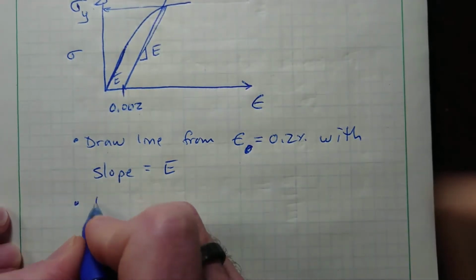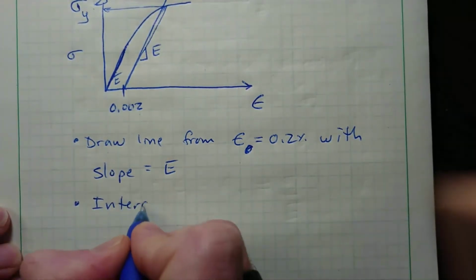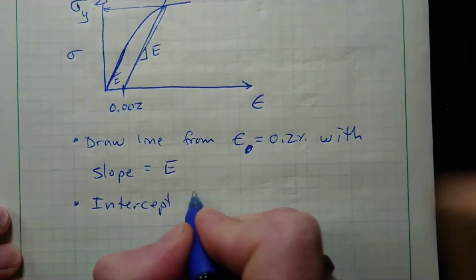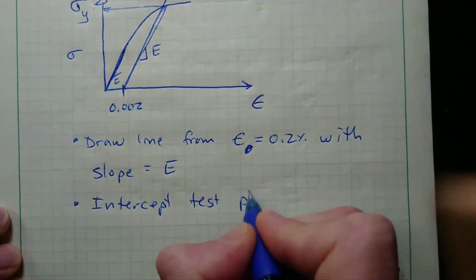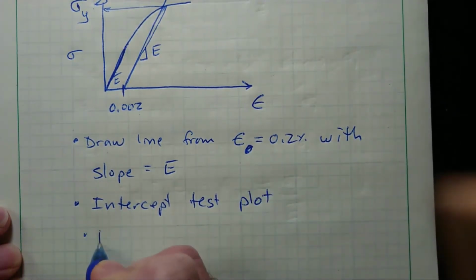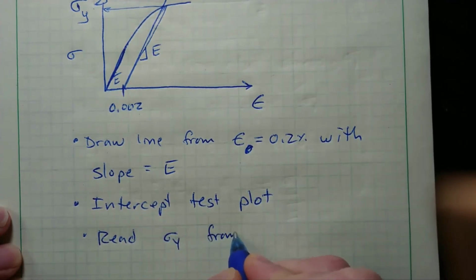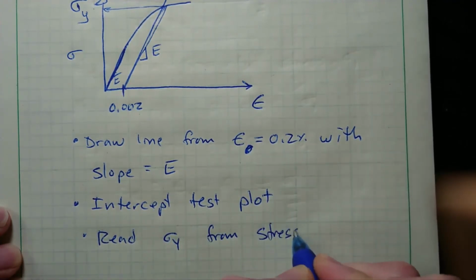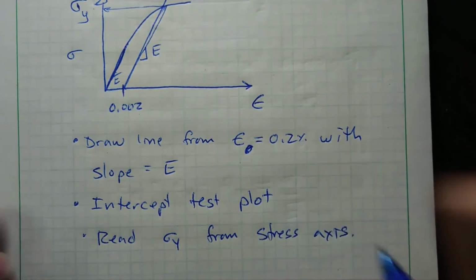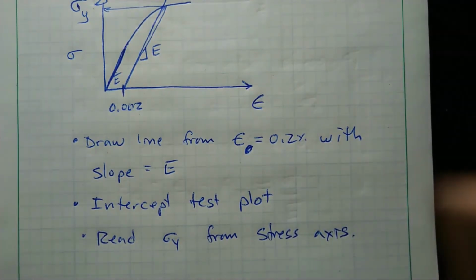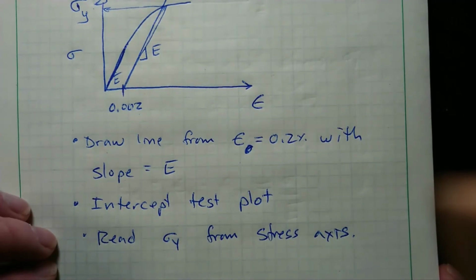Then the second step is you find the intercept with the test plot, and then you read sigma y from the stress axis. Okay.